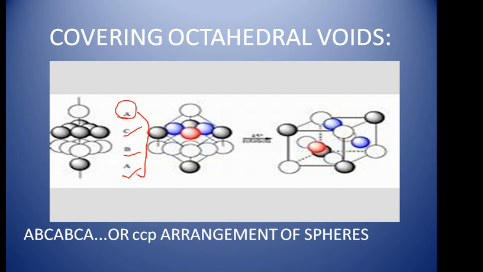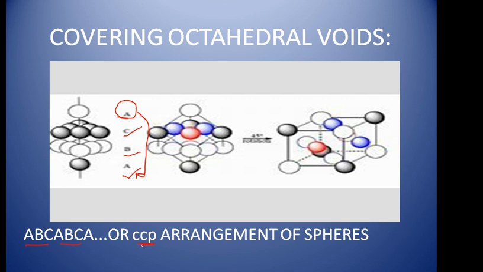The fourth layer is exactly the same as the first layer. So you can consider this as ABC type of arrangement or CCP arrangement, that is cubic close packed arrangement of spheres. Okay, cubic close packed arrangement of spheres. Got it?